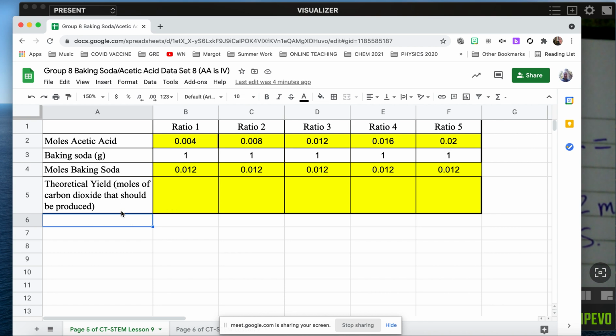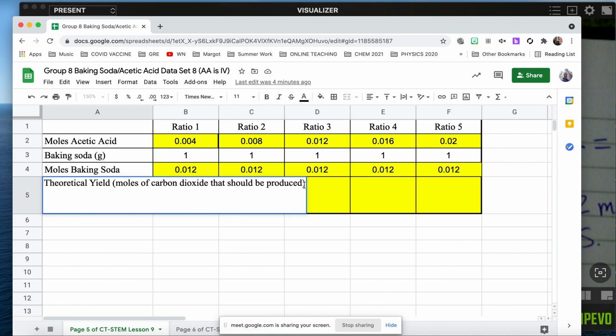Okay, so for theoretical yields, we need to figure out which number is smaller. So I'm actually just going to type that in here. So which mole's value is smaller?